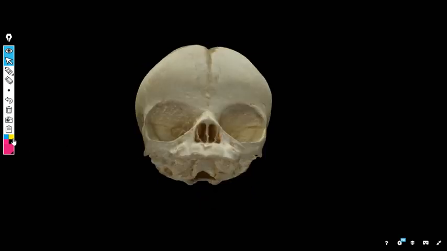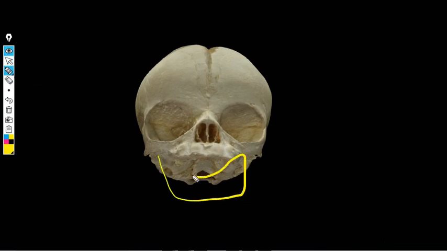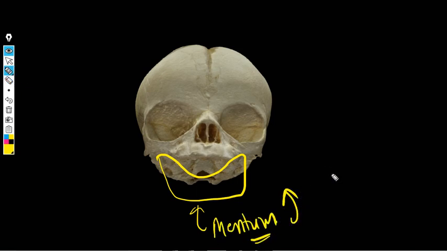Here we don't have a mandible shown, but we have to imagine a mandible here. For example, this mandible is like this. So this part is called the chin, I'm sorry, this part is called the mentum, and just behind the mentum it is called the submentum.